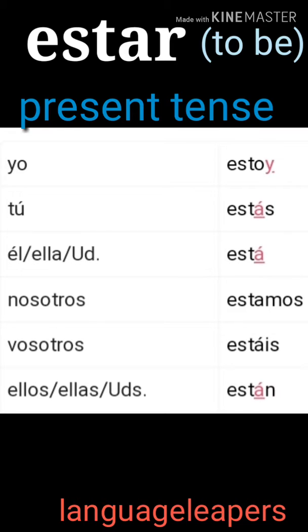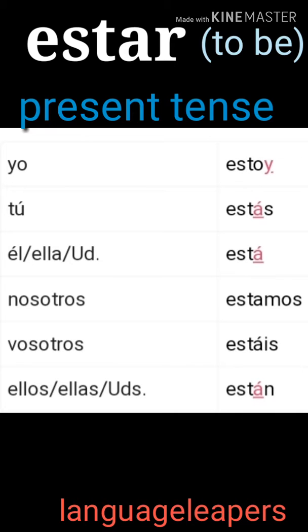Vosotros estáis, you. Then you have ellos, which means they in the masculine form, usually when talking about males. Then you have ellas, which is they in the feminine form, so usually to describe females. Or ustedes.